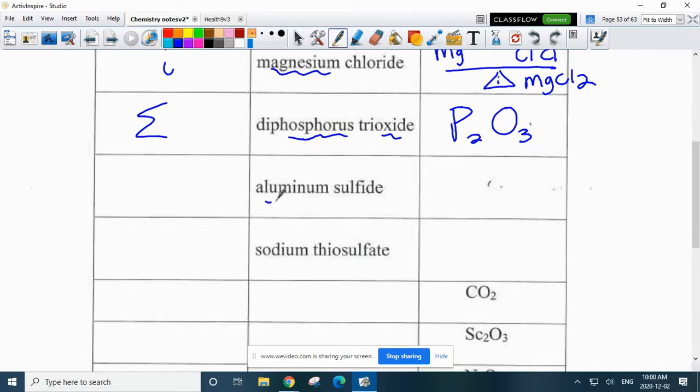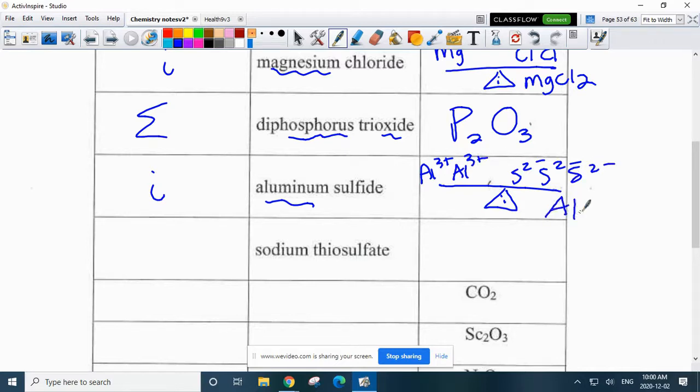Next one, aluminum, it's ionic. Okay, and so if I'm going to be writing this formula out, I need to balance the charge. It's ionic, so I've got aluminum Al3+, S2-, another S2-, another Al3+, another S2-, and there it's balanced now, so it's Al2S3. Starts with sodium, so it's ionic, and so I have to do my balancing first.